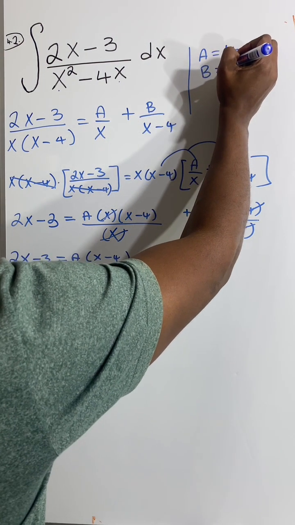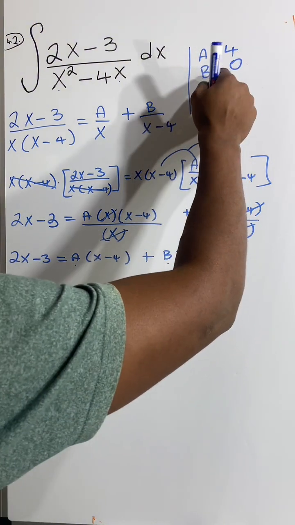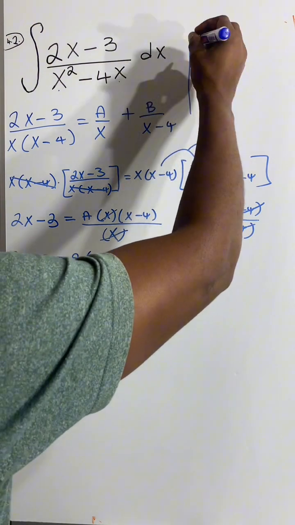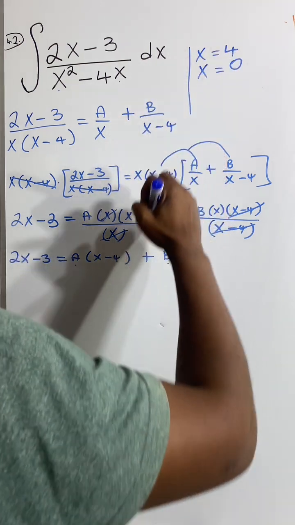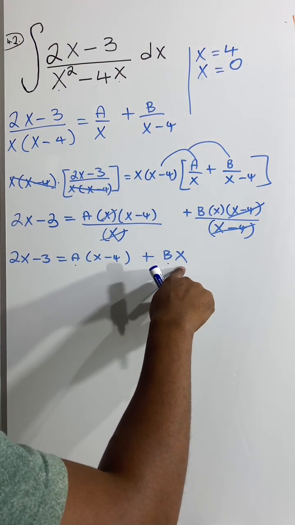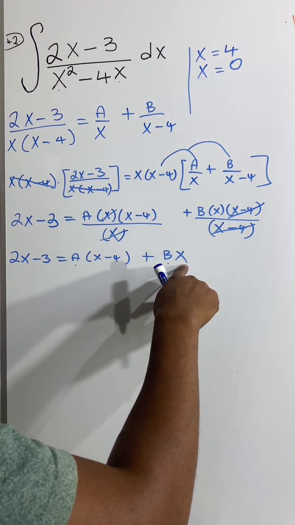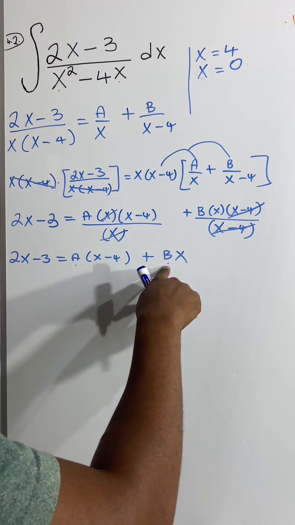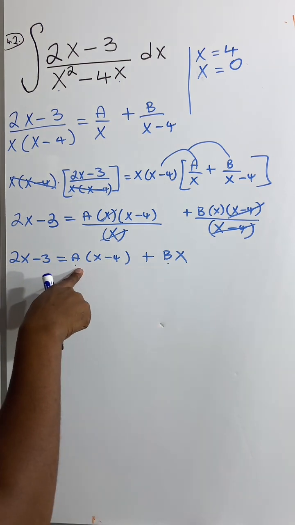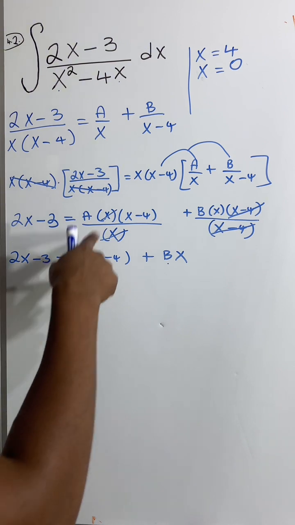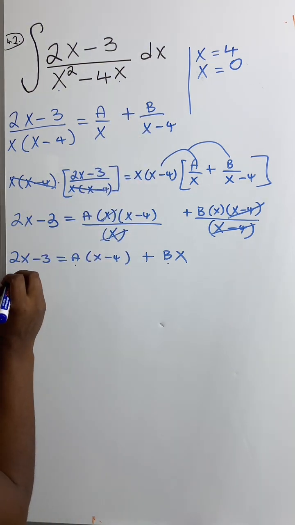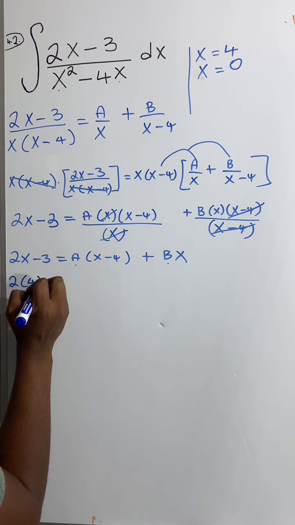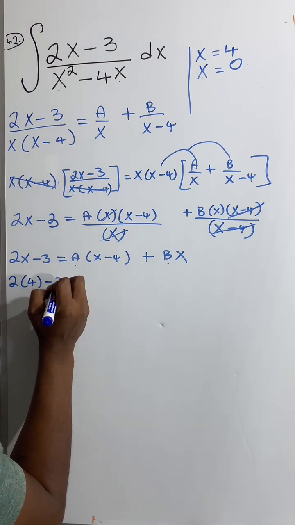So we said x is equal to 4 and x is equal to 0. When we set x equal to 0 here, 0 multiplied by b will be 0, and we'll have an opportunity to determine the value of a. But you can choose any other two numbers. So let's first substitute 4 where there is x.